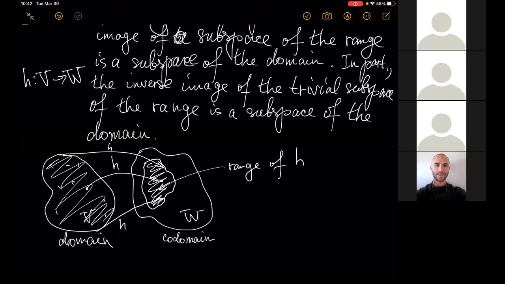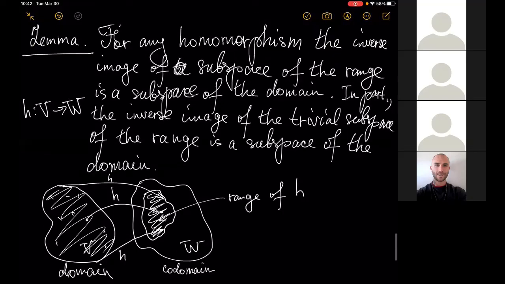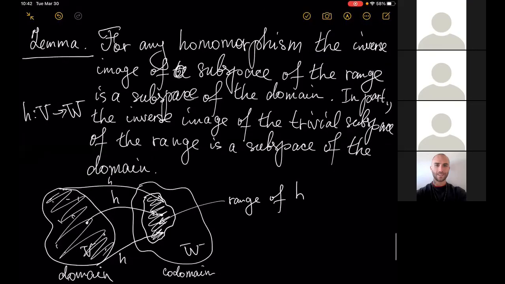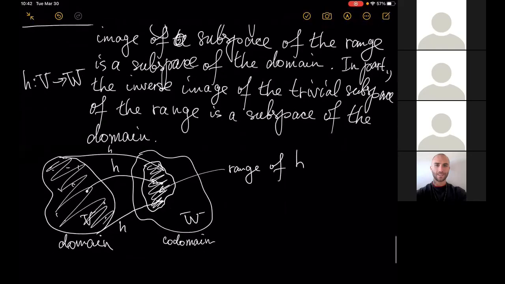Before, we have shown that the range is a subspace of W. Now the statement of the lemma is that for any homomorphism, the inverse image of a subspace of the range is a subspace.